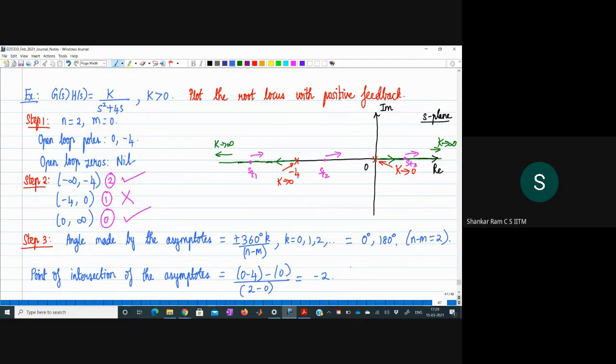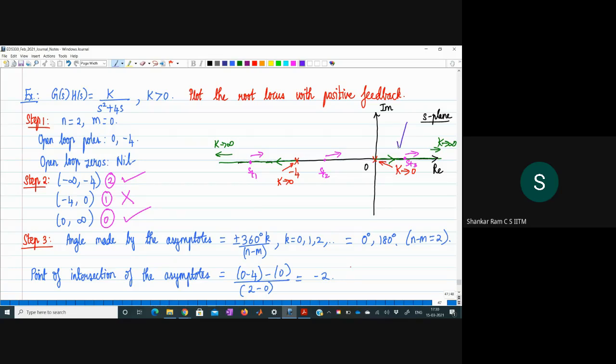Now, what can we conclude about the stability of the closed loop system? Just by looking at the root locus, do you think the closed loop system can be stabilized using positive feedback? No. Correct, no is the correct answer.